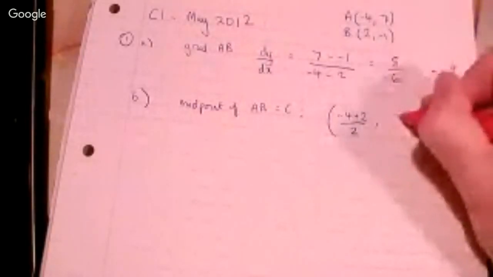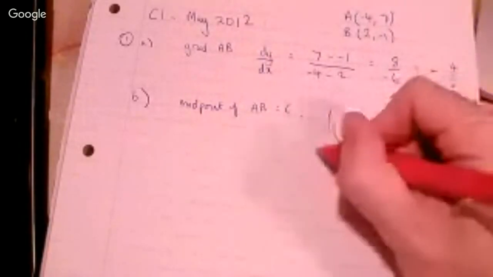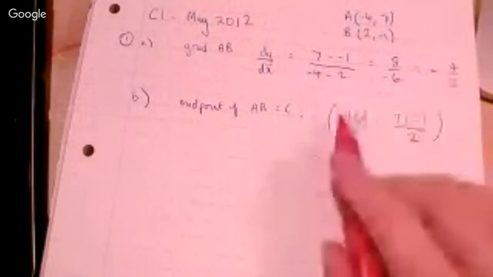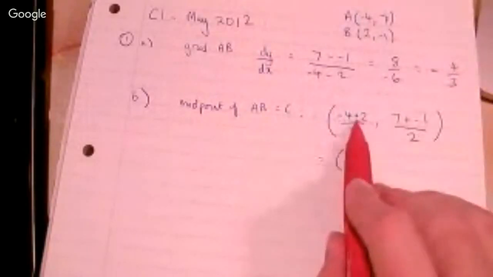Comma, 7, add -1. And again, take the average of that. So that would then give me the coordinates for C being -4 plus 2 is -2. Half of that is -1. And 7 add -1 is 6. And then 6 divided by 2 is 3. So my coordinates for C are -1, 3, which I'm going to write up by there as well.